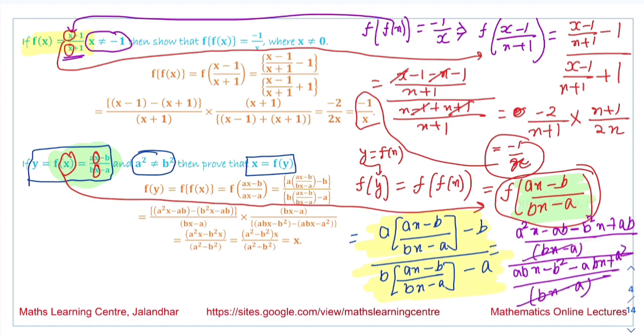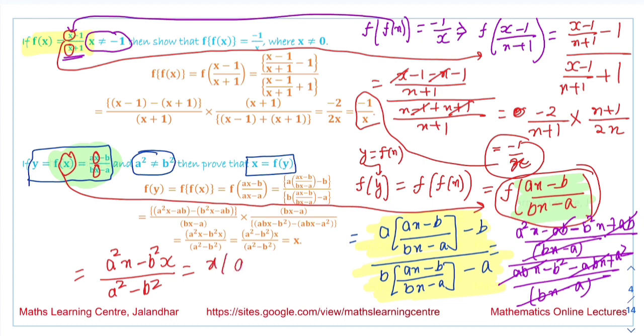So this bx minus a gets cancelled. From the numerator part, ab gets cancelled, abx gets cancelled. So what we are left with is a square x minus b square x over a square minus b square.